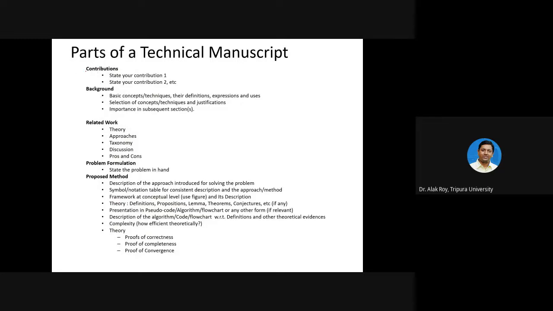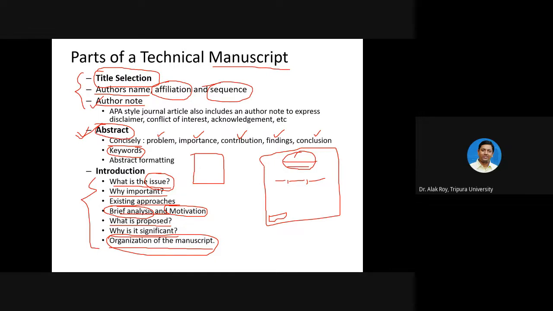Sometimes a paper uses section 2 as contribution. You can use contribution as a separate section only when your contribution is strong enough and too important. Otherwise, whenever you mention what is proposed, you can mention it in the introduction.